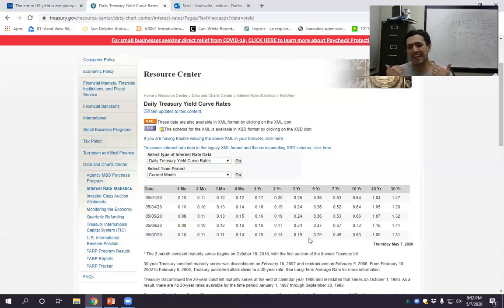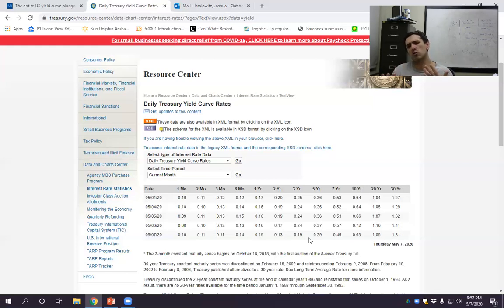How is the government getting money if bonds are largely, at least in the short term, unattractive? The answer is, basically the Fed is largely buying its own bonds, at least in the short term, maybe even in the long term.